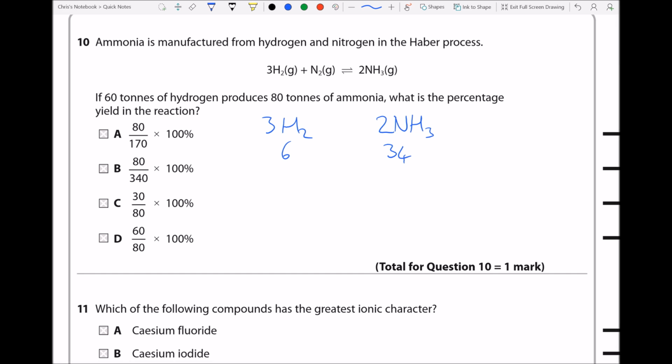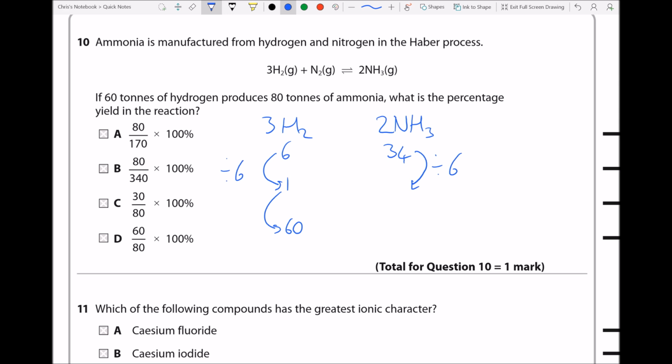Okay, and remember we had 60 tons of hydrogen. We want to work out in theory how much ammonia could be produced with 60 tons. A way to do that is you divide to find 1 and you multiply to find 60. So 6 divided by 6 gets us 1, and we've got to do exactly the same on the other side.